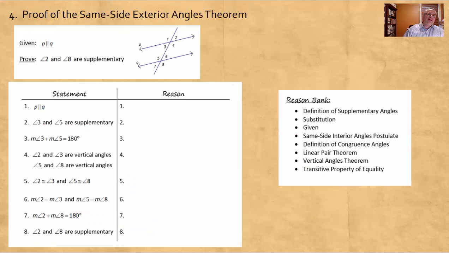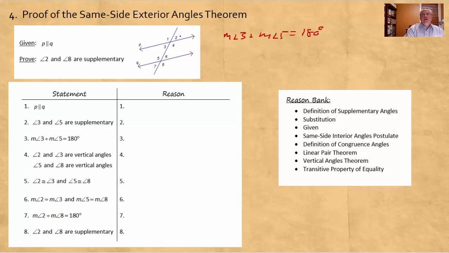All right, this is the last thing I want to talk about. I want to talk about this proof because it's slightly different than the other two. This is a proof of the same side exterior angles theorem. We want to prove that 2 and 8 are supplementary. Well, we're going to start with the same side interior angles 3 and 5. So the measure of angle 3 plus the measure of angle 5 equals 180 by the same side interior postulate. Then we're going to use vertical angles.